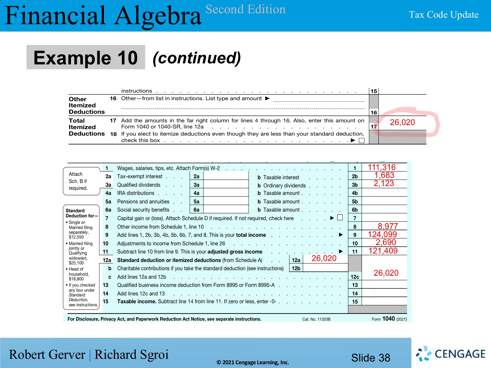Now going to Form 1040, we see here for standard deductions or itemized deductions, this is where we submit the $26,020, okay, and we submit also on line 12C, and so this is where we put all their itemized deductions on the 1040.